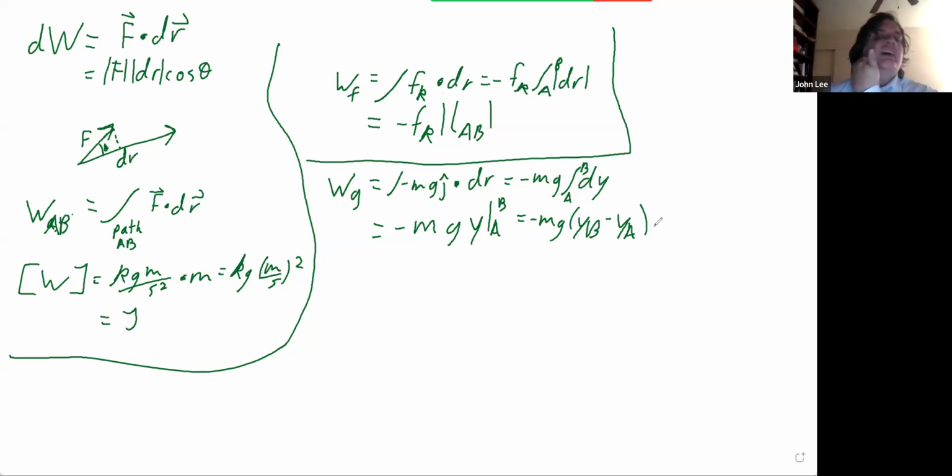As an example of this, you can talk about just lifting an object up, how much work you can do by straight up lifting an object.